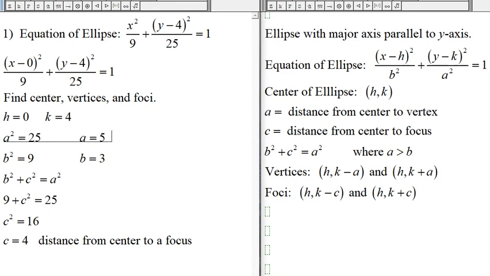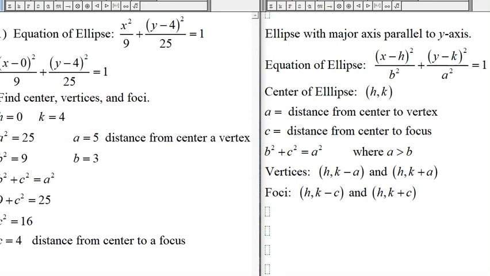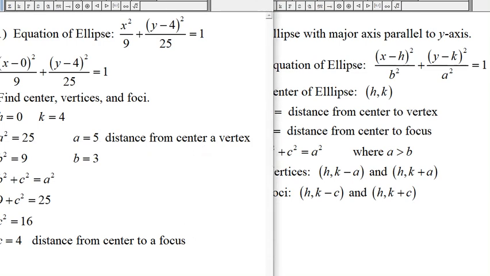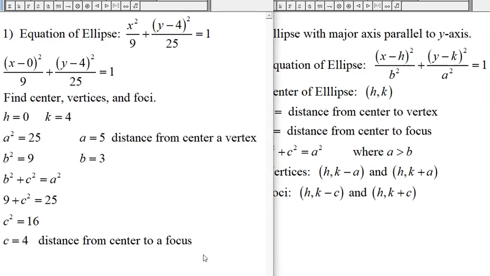And a is the distance from the center to a vertex. Since we have two vertices, it's just the distance from the center to one of the vertices.